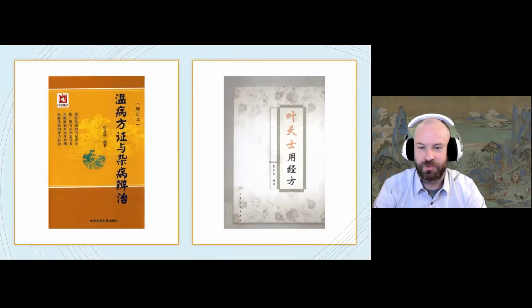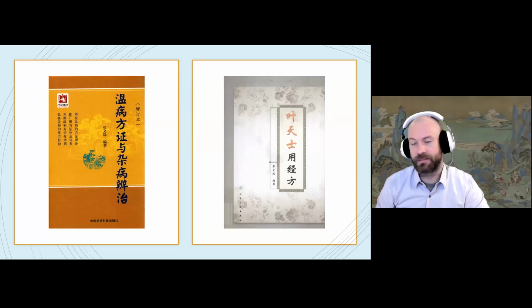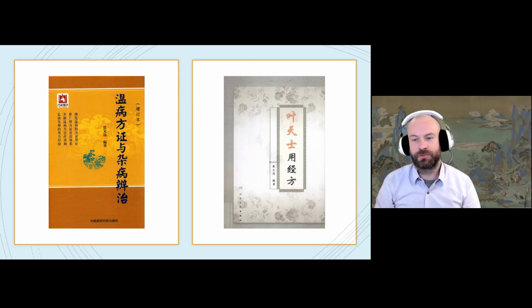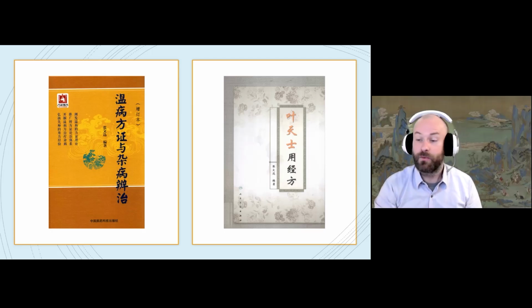So these are his two books. The one on the right is about a man called Ye Tianshou, who we'll talk about later, and the one on the left is his own formula patterns. Much like in Shanghan and Jingfang, where we look at a formula pattern, he's tried to look at a formula pattern for Wenbing formulas as well, which I don't think anyone wrote before him.